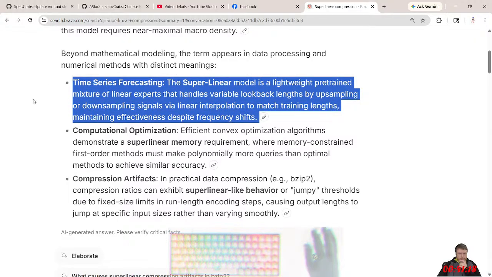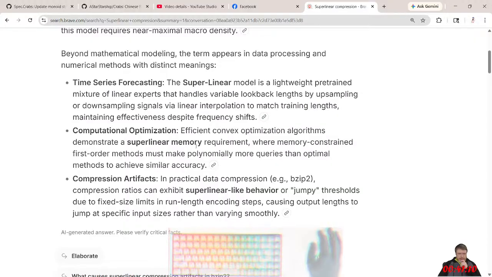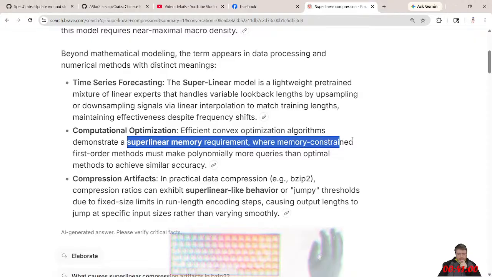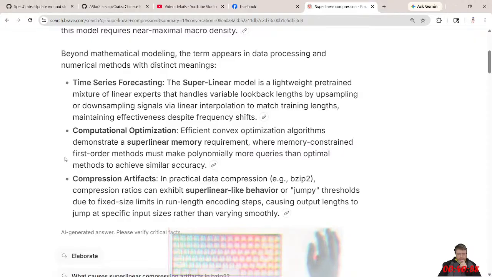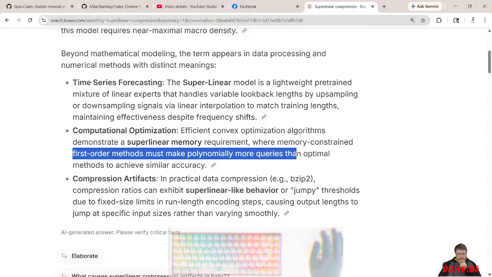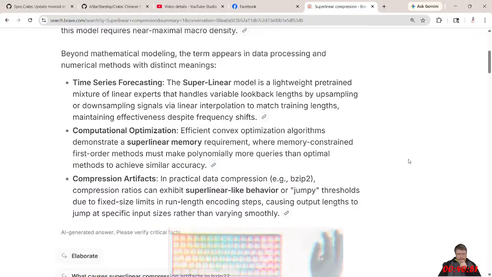That's kind of interesting. Can I use super linear time series forecasting to do anything? Huh.